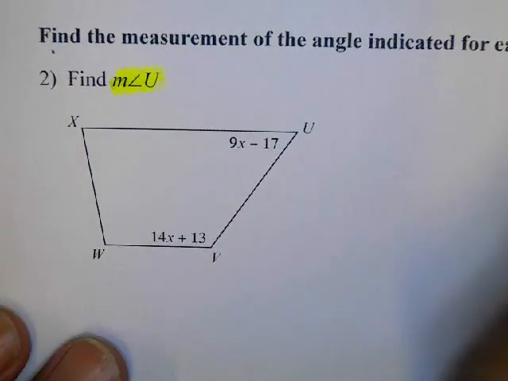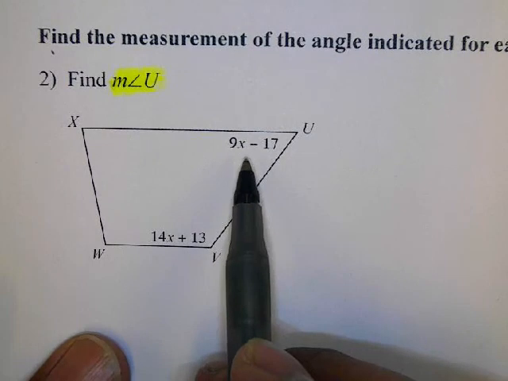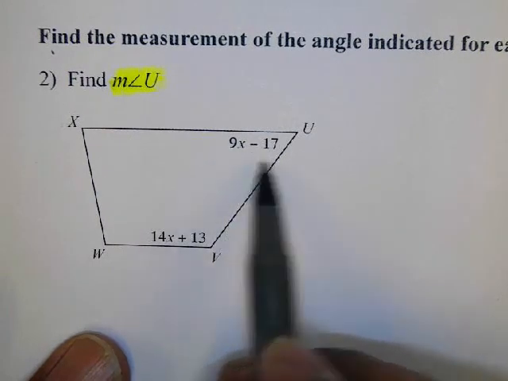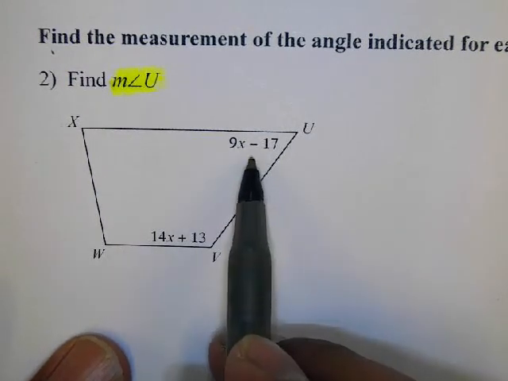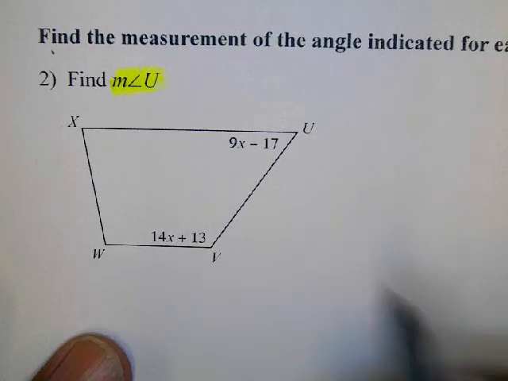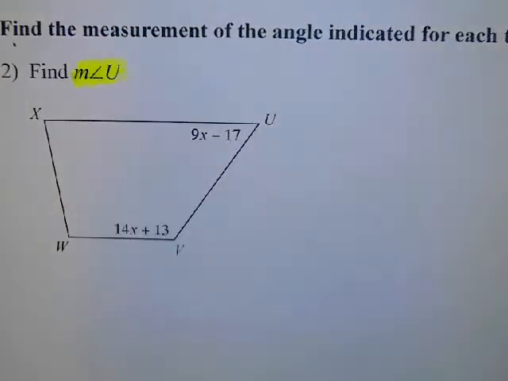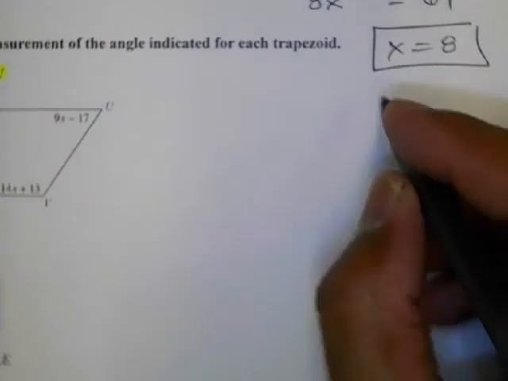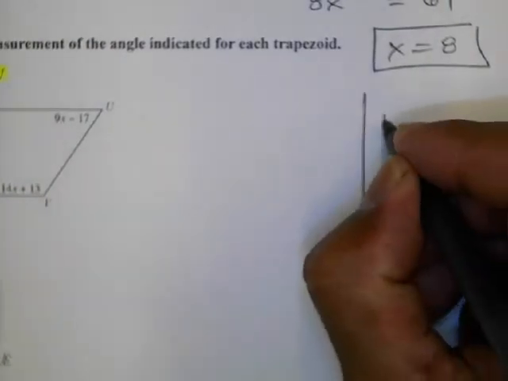We've got to find out what this angle is, u. U is this one, so I need to get the value of x. Once I have the value of x, I can substitute it here and give you the measure for angle u. So I'm going to put it over here on the side.